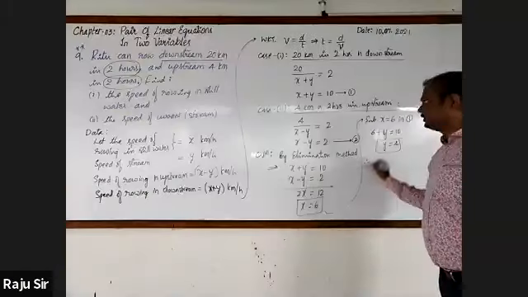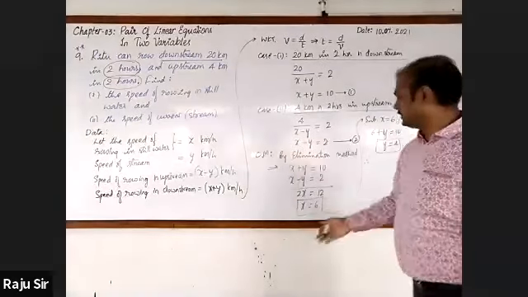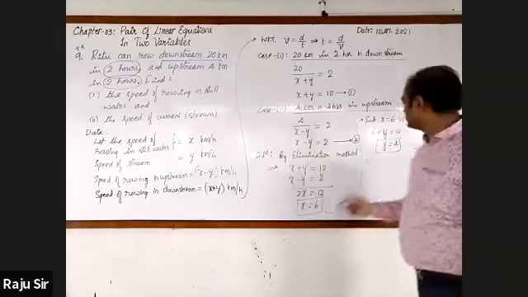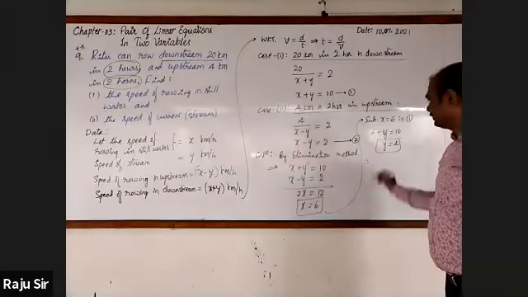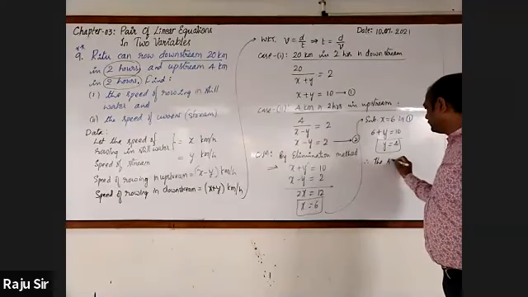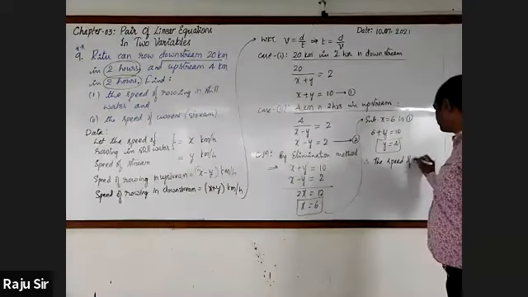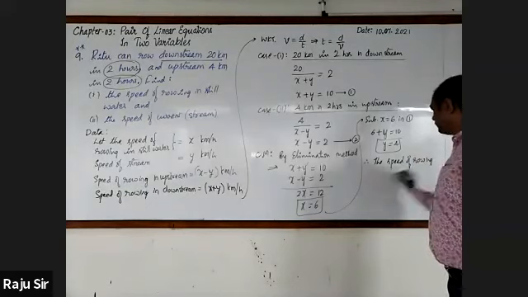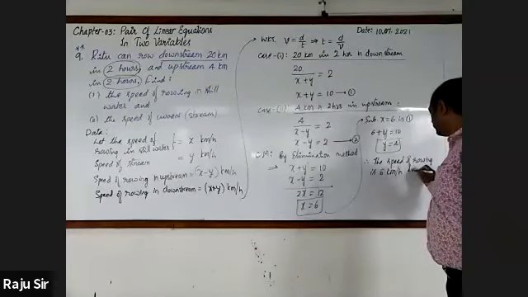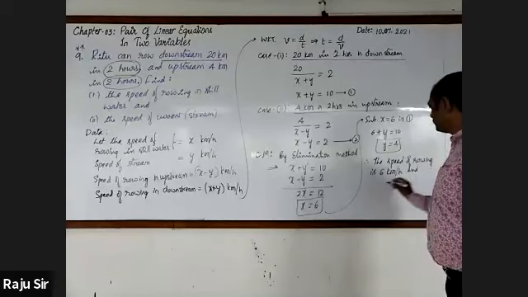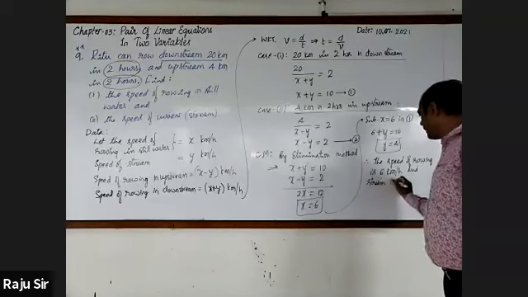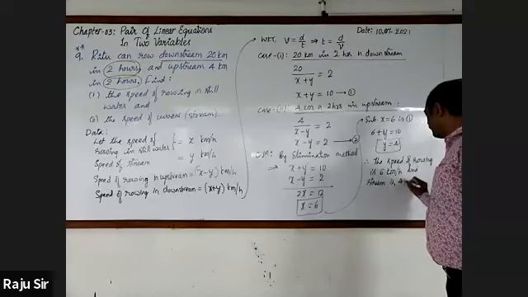So, conclusion: therefore, the speed of rowing is 6 kilometers per hour and the speed of running water, the stream, is 4 kilometers per hour.